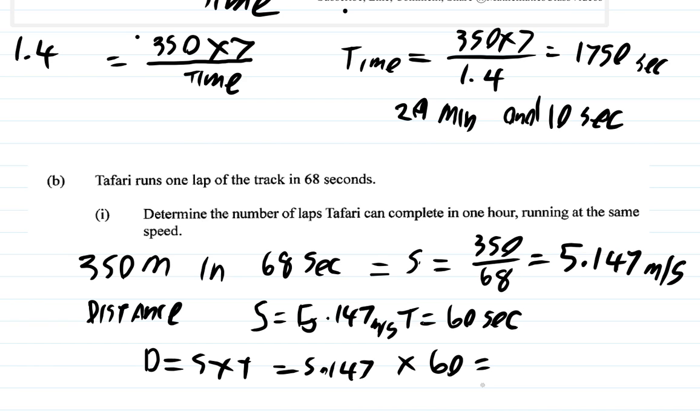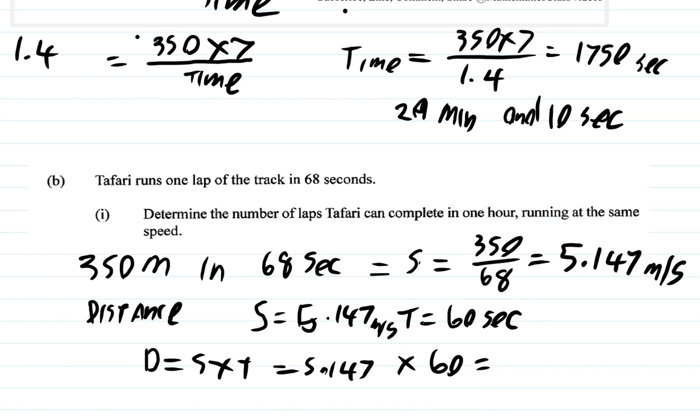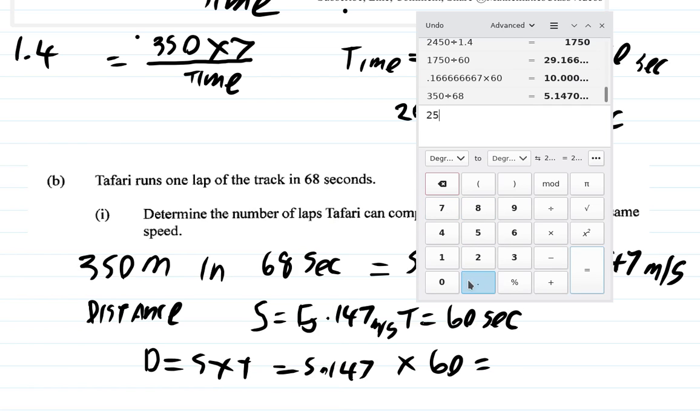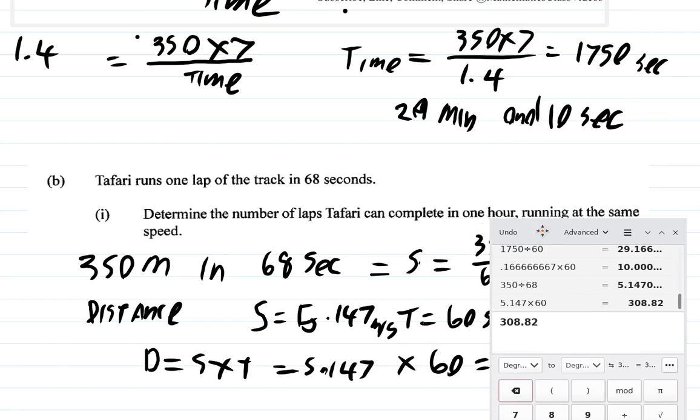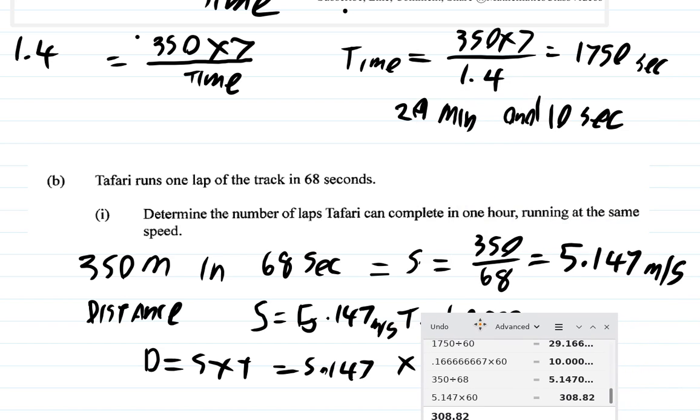So 5.147 times 60. What is that? Let us see. So 5.147 times 60 equal. All right. So, the speed multiplied by time in 1 hour. He runs that in 68 seconds. Determine. Oh, wrong thing I did. Right?